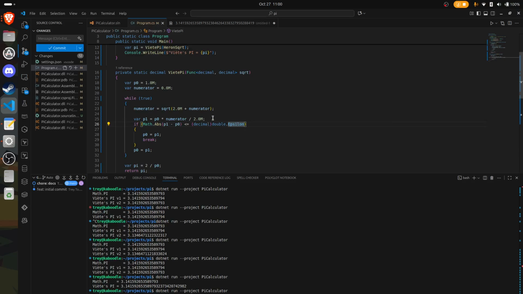So the question is, what is the correct epsilon value for a decimal? Theoretically, it's twice as much precision.